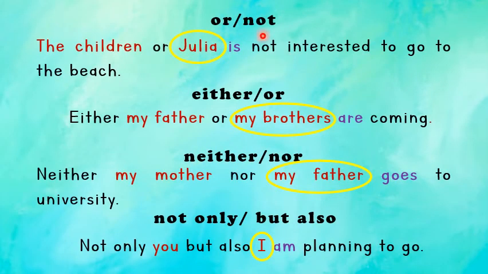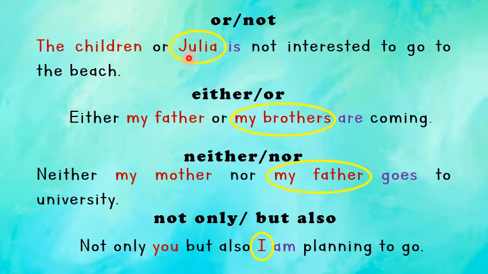Okay, bila ada macam ni, or, nor. Okay, the children or Julia is. Why is? Sebab yang paling dekat, the closest subject is Julia. Julia is singular, so we use is.